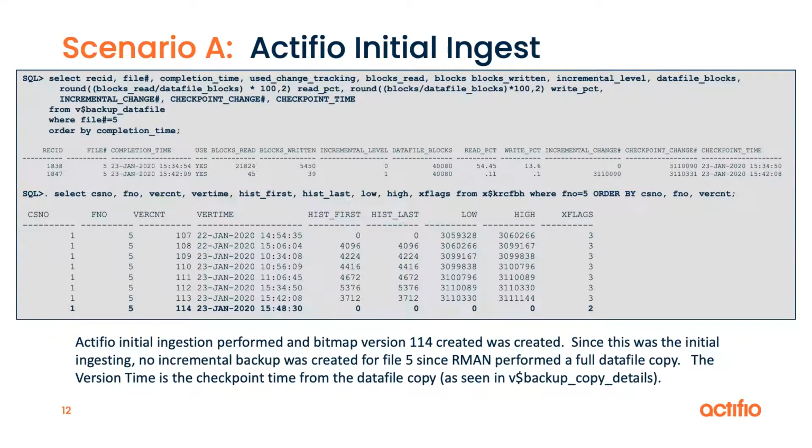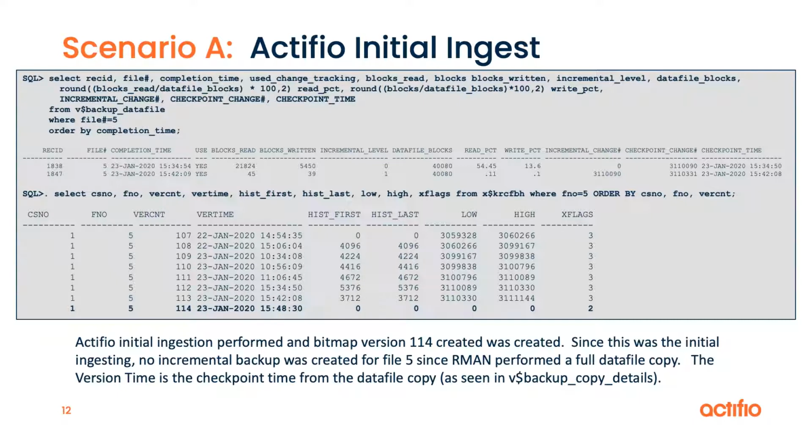Now we do our Actifio ingest. Our Actifio ingest generates version 114. We're doing an RMAN image copy on our initial ingest, and we do perform that last incremental backup, assuming that the initial image copy took some time.